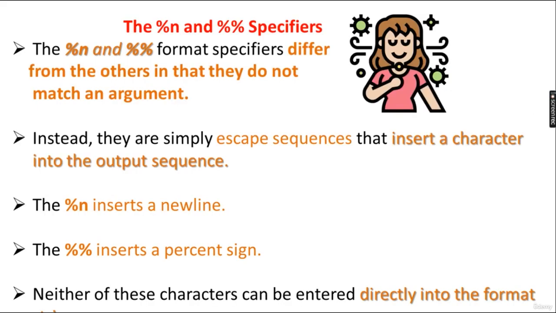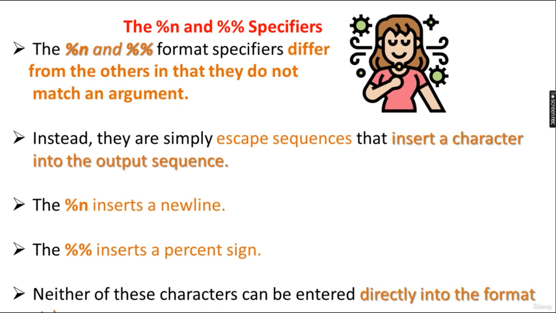Now the %n and %% specifiers. The %n and %% format specifiers differ from the others in that they do not match an argument. They are simply escape sequences to insert a character into the output sequence. %n is for a new line, and %% inserts the % sign.